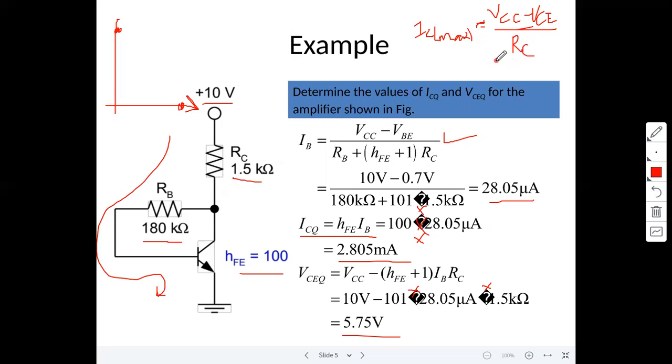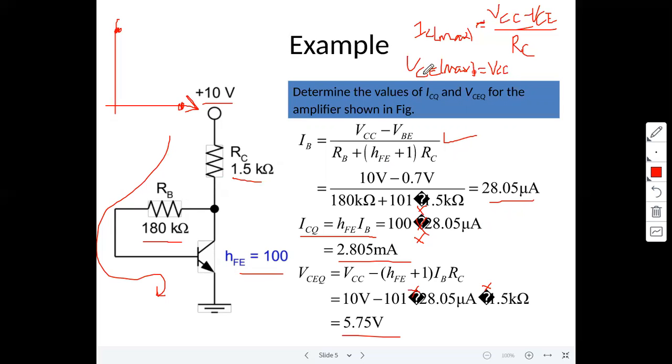That is IC maximum. Then VCE max, or VCE off, is equal to VCC. So VCE max is equal to VCC.